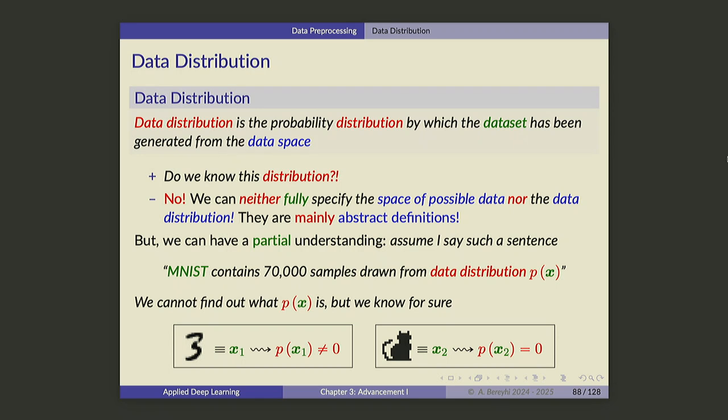We learn it. This is the whole generative AI. You consider this P to be some neural network, P theta, and then you want to learn what is the right theta, such that P theta gets very close to the original distribution. There are different ways to do it. You can do it directly using maximum likelihood.